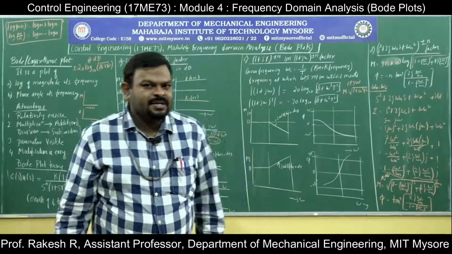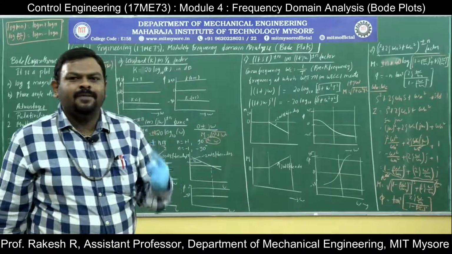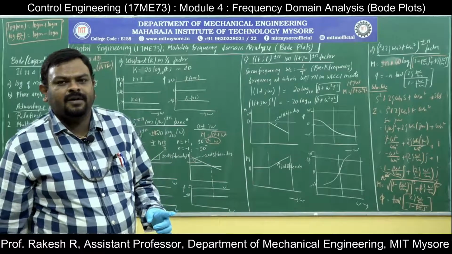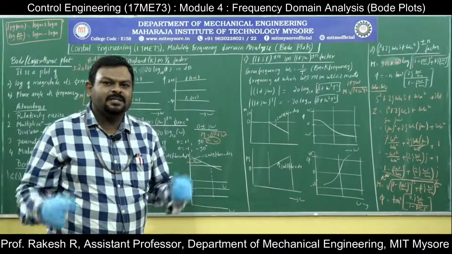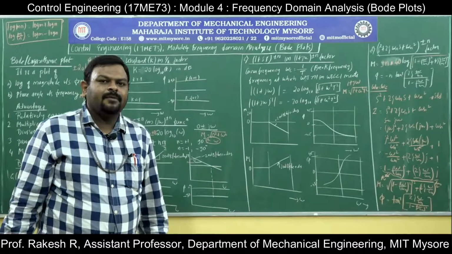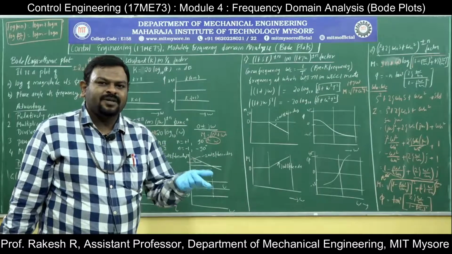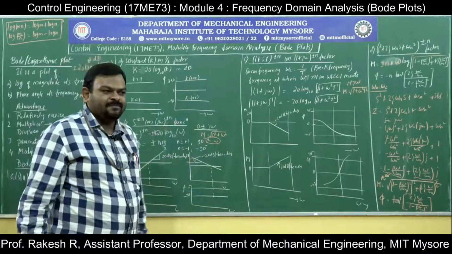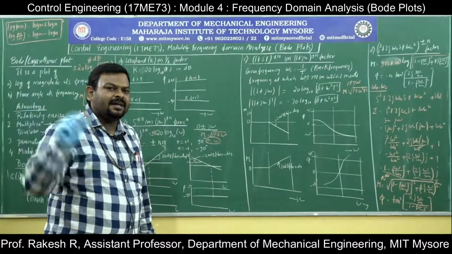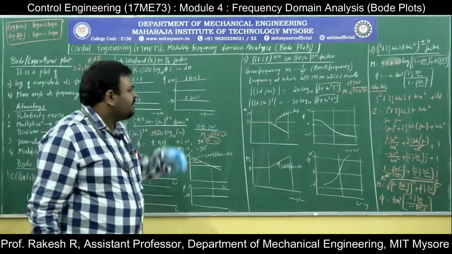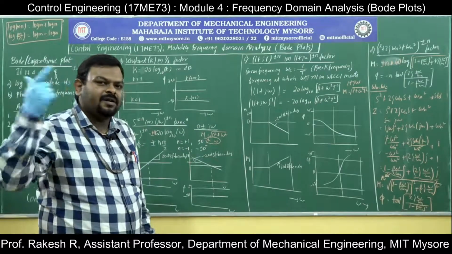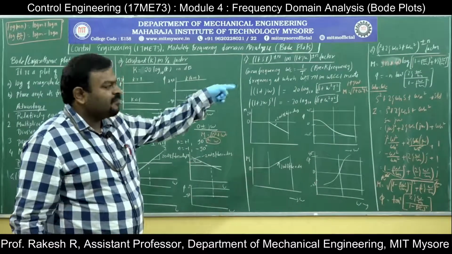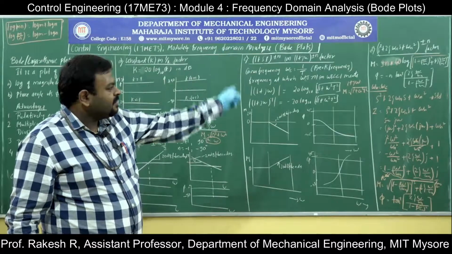Simply, this is how to write the magnitude plot. Whenever the power of s is 1, it is plus 20 decibels per decade. Whenever the power of s is minus 1, it is minus 20 decibels per decade. Similarly, for the 1 plus sT term, it is 20 log 10 of the magnitude. If it is a negative power, it is minus 20 log 10 of the magnitude. For s square, it is 40 log 10 of the magnitude.